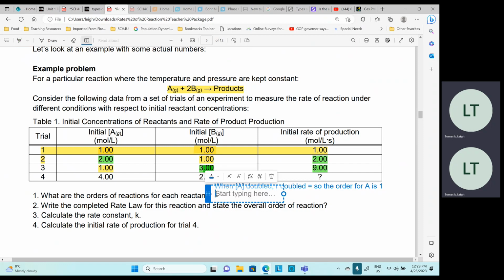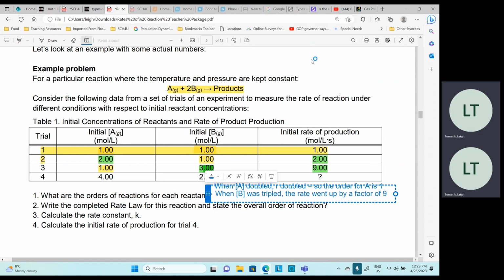So when the concentration of B was tripled, the rate went up by a factor of 9.